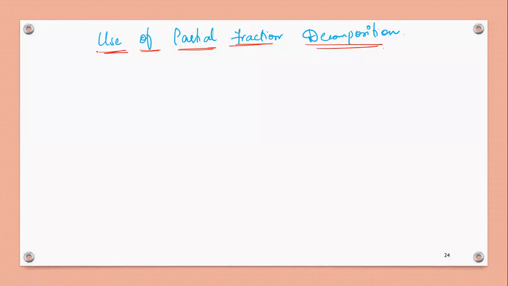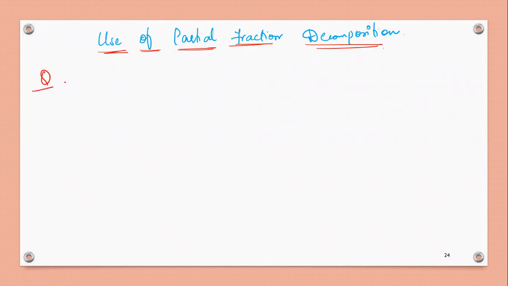The next topic is use of partial fraction decomposition. I believe you have already studied partial fractions in mathematics. We will be using the same concept, and at the end we will try to convert the partial fractions into generating functions. So let's see an example.